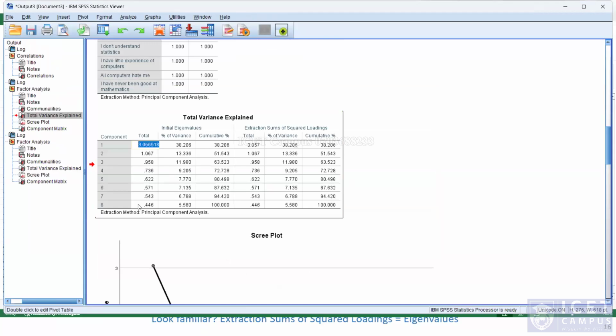So then initial eigenvalues is there. We use extraction sums of squared loadings, which we can see there. That is also the same here.